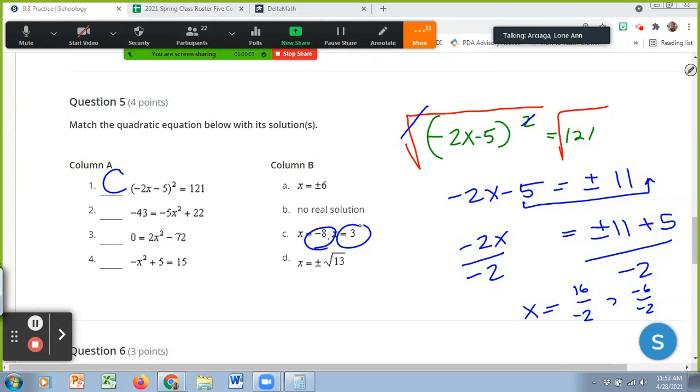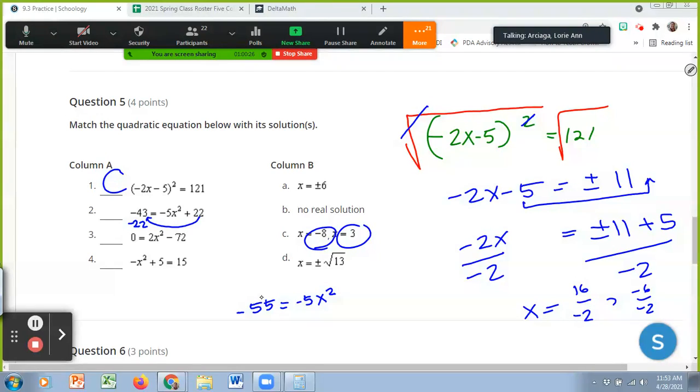Okay, next, number 2. So we move this guy over here. So that's negative 22. So how much is that? Negative 55 is equal to negative 5x squared.